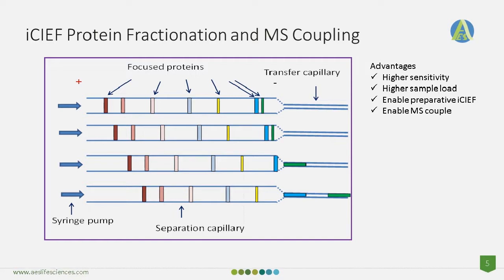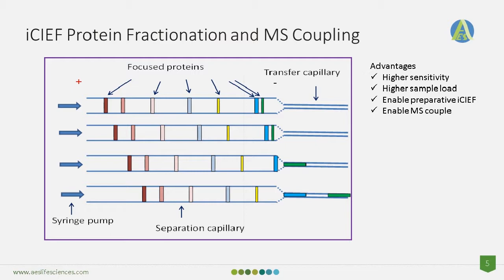This figure illustrates the schematics of how the fractionation or MS coupling works with our system. We manufacture the cartridge with a very large inner diameter separation column and a very small inner diameter transfer capillary. Once the protein is focused, a syringe pump pushes the focused protein toward the right end of the transfer capillary.